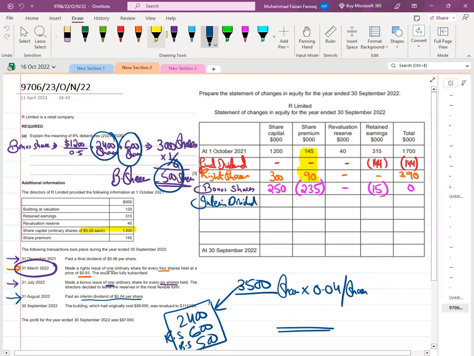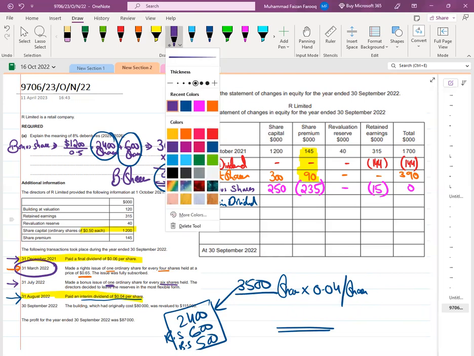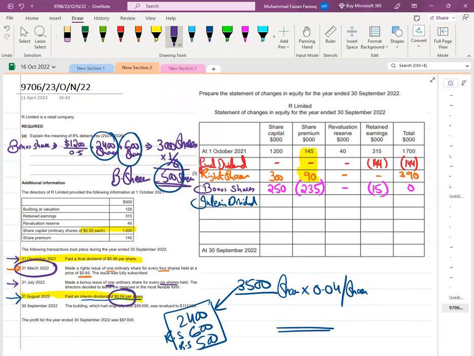There's a question, sir. Here you consider the right and bonus, but when you were calculating dividend for December 21, you didn't consider the right and bonus. So I will tell you that this dividend is after the right and bonus. That's why we consider them.